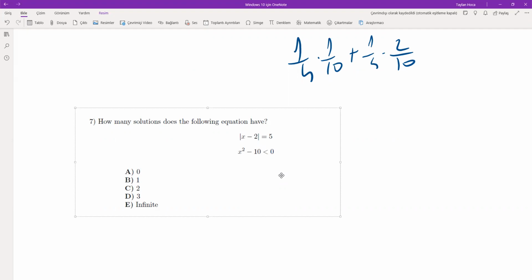Which one is easier for you? The second one? Okay, maybe, but the second one does not give you definite answers, but the first one does.